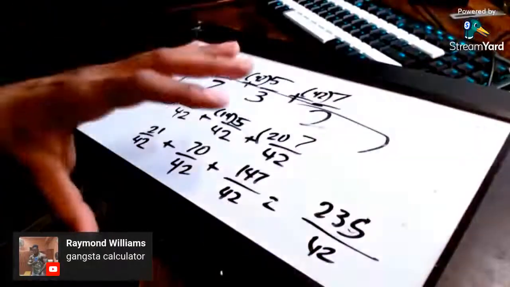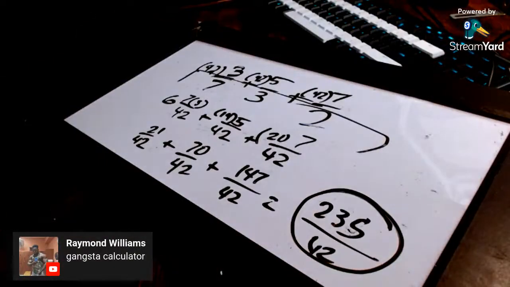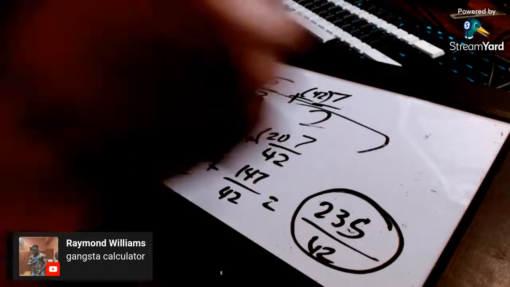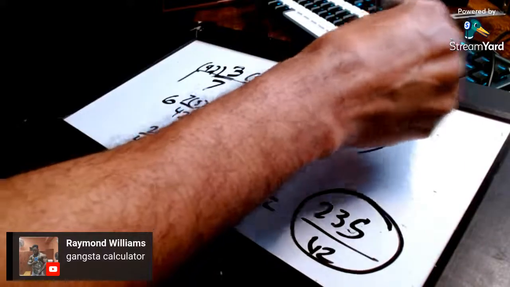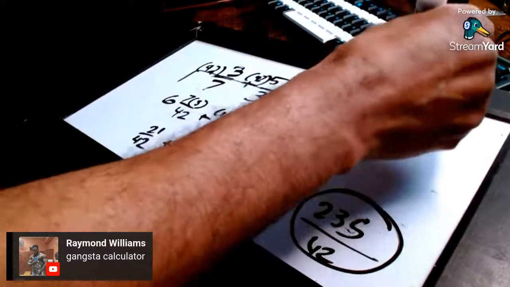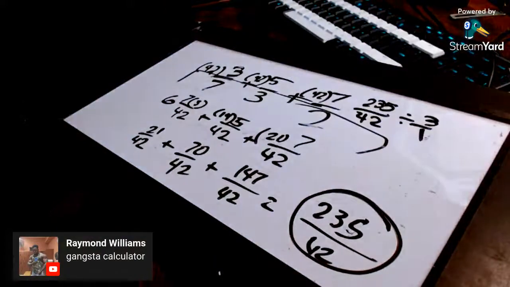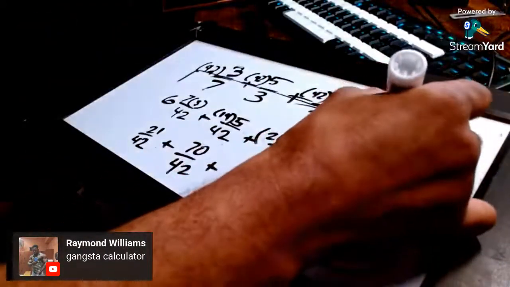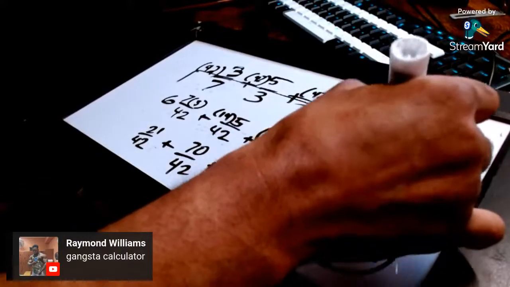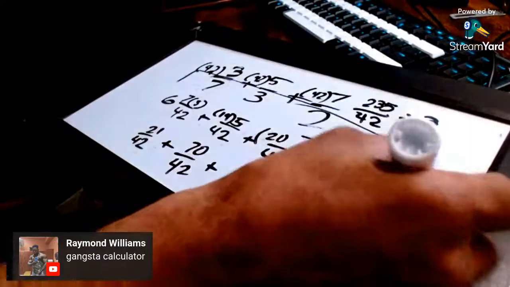So now, what about the average? So you're gonna take this and divide it by 3. So we're gonna have 235/42 divided by 3/1. See that? That's the same thing as saying 235/42 divided by 3/1.